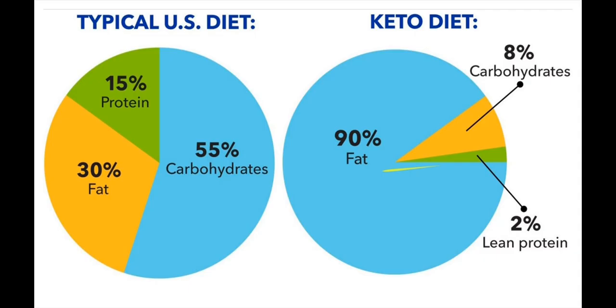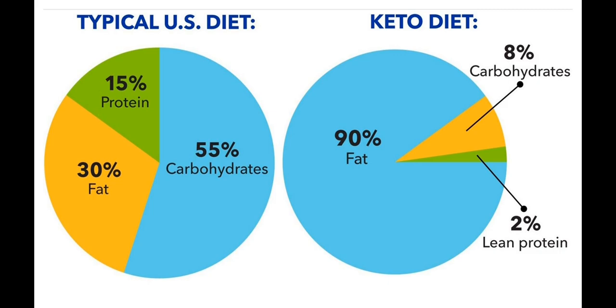The typical diet, like the Western diet or American diet, includes mostly energy from carbohydrates and a little bit from fat, but the fat also includes seed oils, and a little bit of protein, again mostly from plant sources.